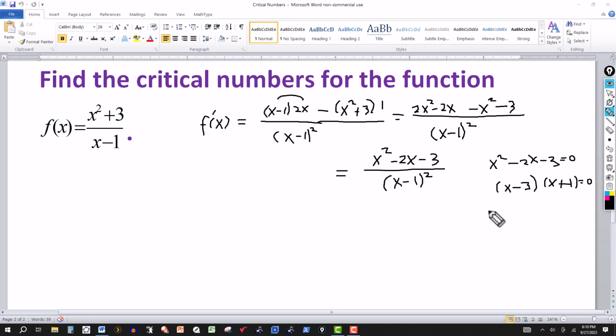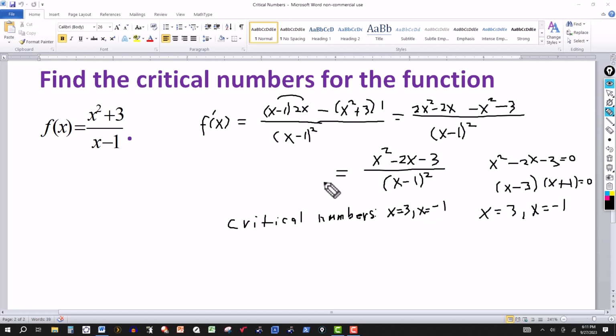Set each factor equal to 0 now. x can be 3 and x can be negative 1. So x can be 3 or x can be negative 1. Those are the values that make the derivative 0. So the critical numbers are x equal to 3, x equal to negative 1.